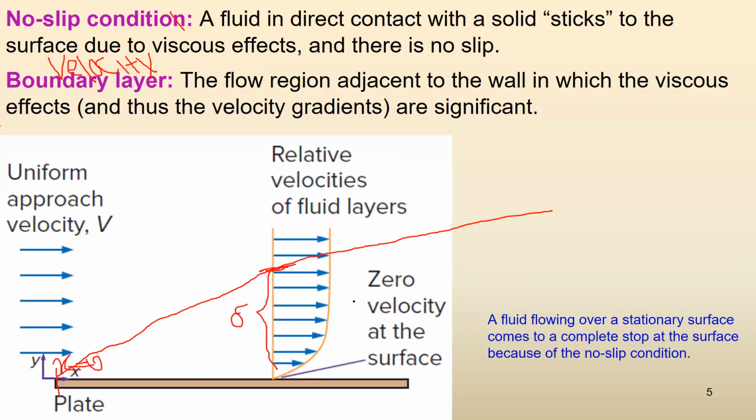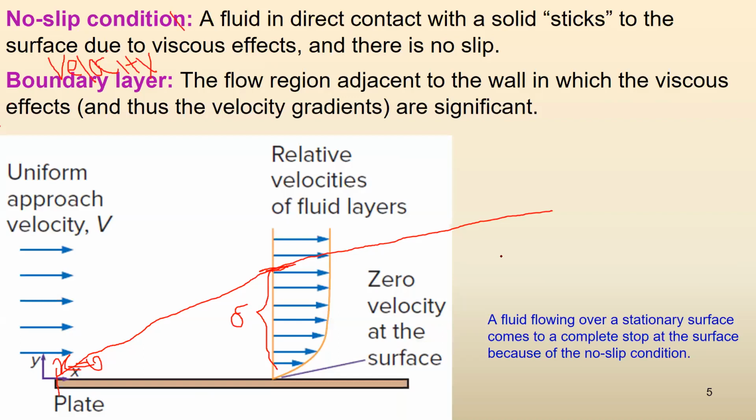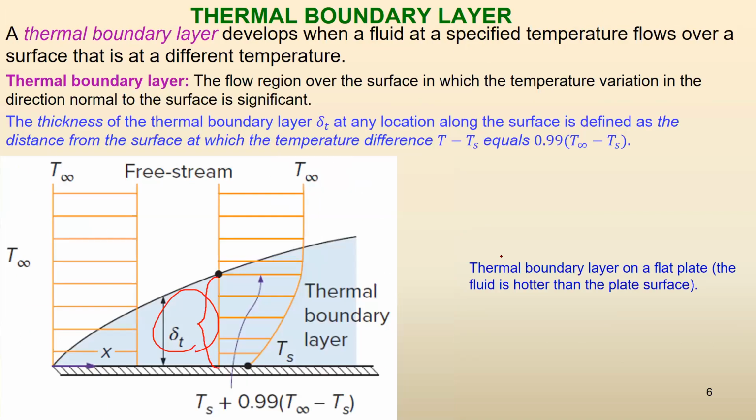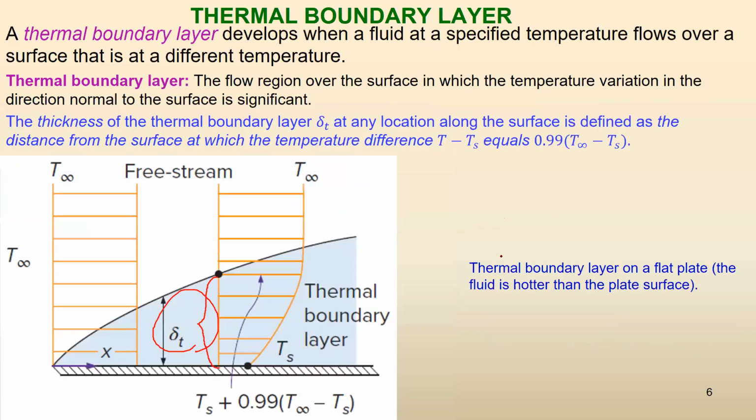We don't want to really calculate delta or delta sub T now in this lecture. So this is called the thermal boundary layer. But we're going to have some temperature distribution, and we're also going to use this concept in here, no slip conditions, to derive some equation.